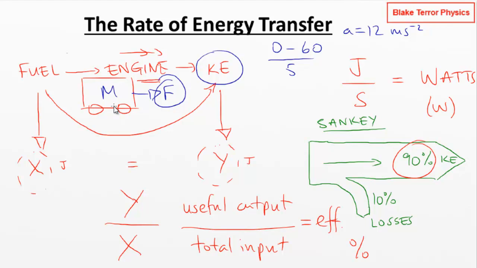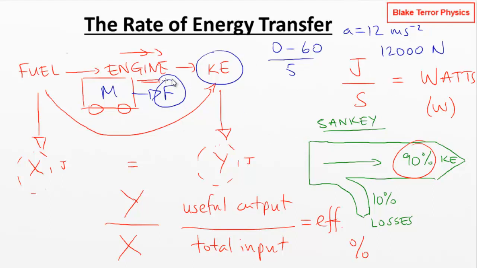We can bring it back to our dynamics in all of this and say, well, that must have been the driving force of the engine. That if we got a 1,000 kilogram car, we can say, well, we've got a 12,000 Newton driving force on this car. I mean, that's quite a heavy car, but you get the idea.